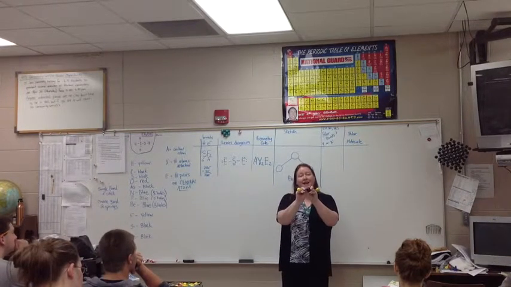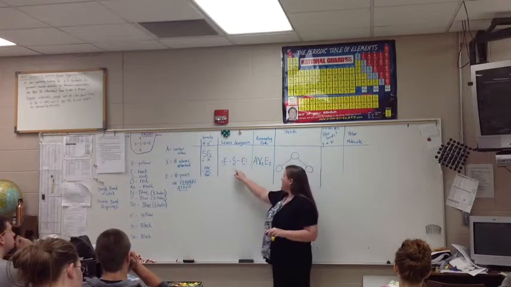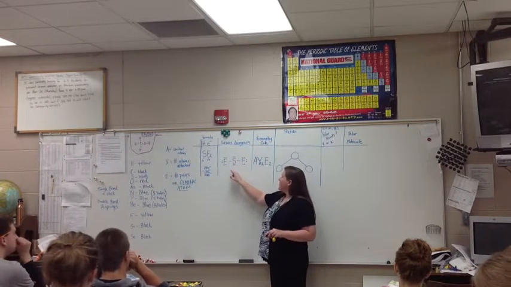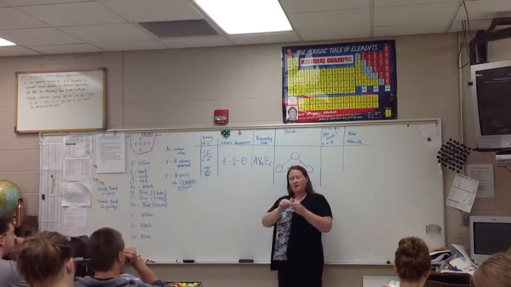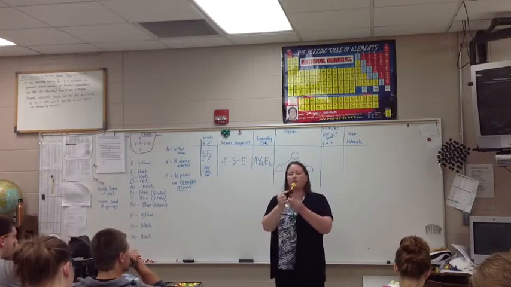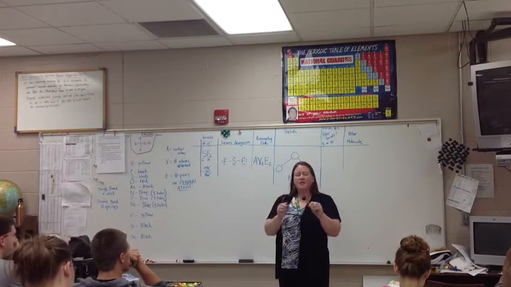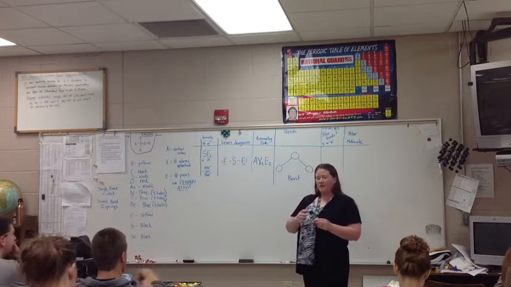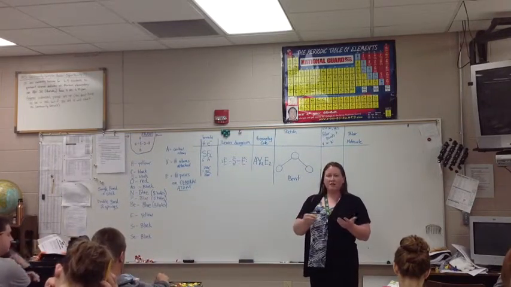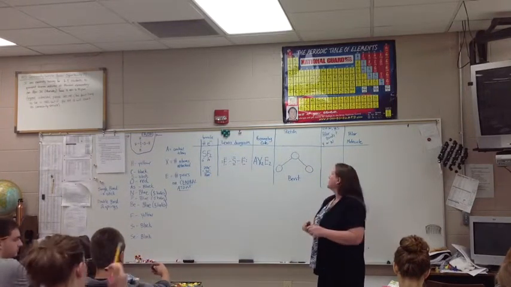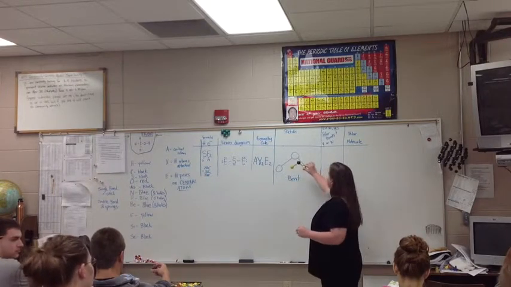Okay? It's not. Because we have these 2 lone pairs, we have 4 things attached to this. There are 2 holes left in here. Some of the models you build today will have holes representing the location of lone pairs. Some of them won't. Okay? So it's a bent shape.